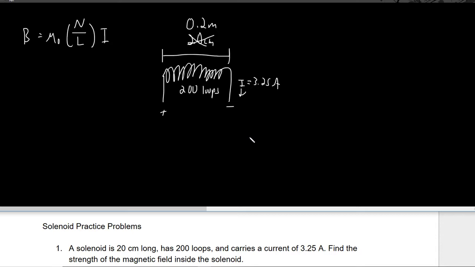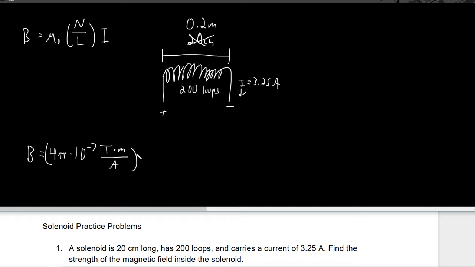They want to know the strength of the magnetic field inside the solenoid, so they want to know B. So really all I'm going to do is plug in what I know. So B is equal to the permeability of free space, which is still 4 pi times 10 to the negative 7th. I'm actually going to pop it in parentheses for now. Tesla meters per amp.